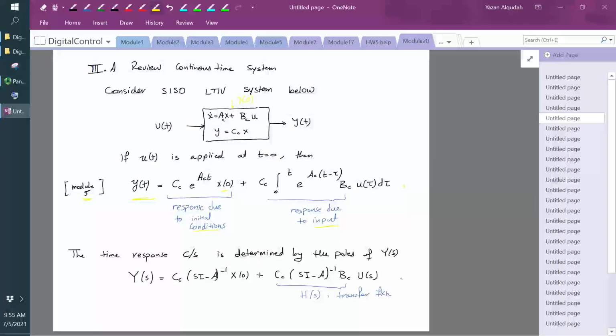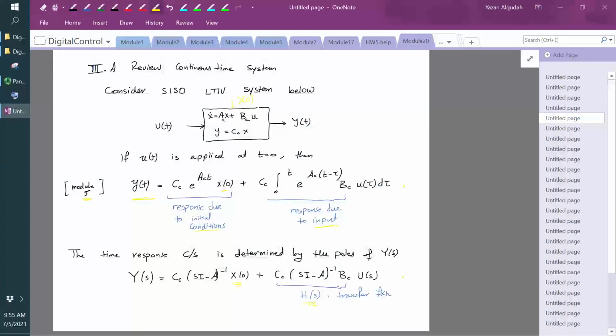In the frequency domain, Y of s is equal to C multiplied by (sI minus A) inverse multiplied by x of 0, the initial condition, plus C_c (sI minus A_c) inverse multiplied by B_c multiplied by U of s. This part of the expression we called the transfer function.